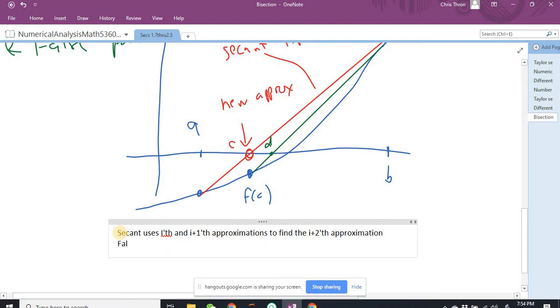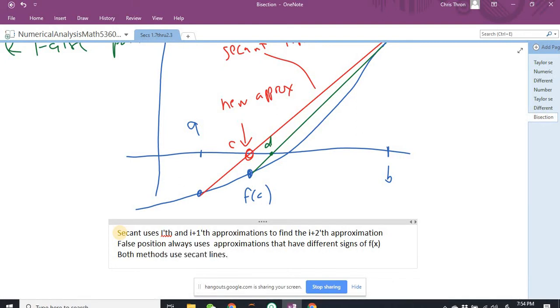And then false position always uses approximations that have different signs of f of x. But they both use secant lines, but the 2 points they choose on the curve may be different.